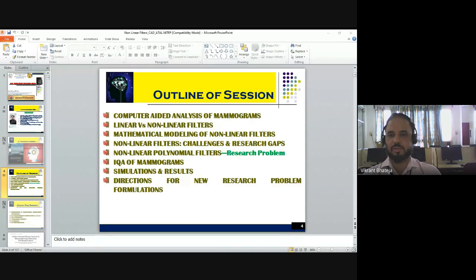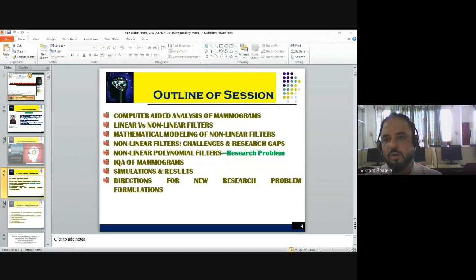Generally, we have heard a lot about computer-aided diagnosis as a block diagram. Certainly, I'll be starting from there only. But my focus in this is to narrow down on a small domain, that is filter designing.